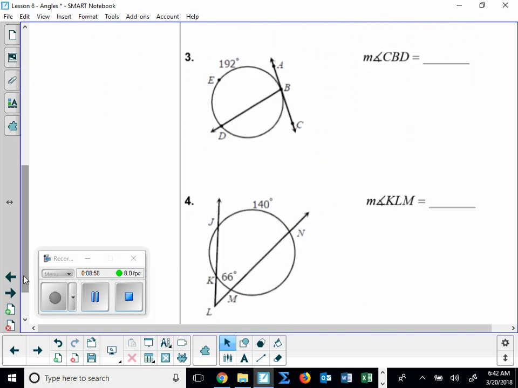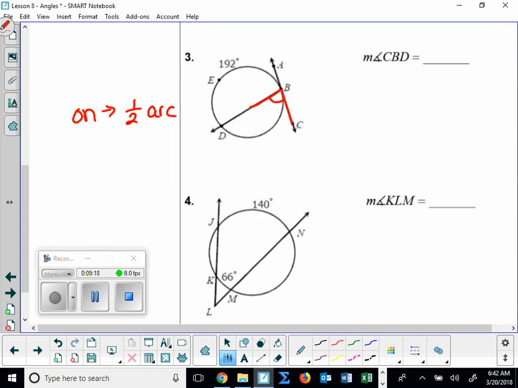Let's see here. We've got a tangent and a secant, and this angle is on. When it's on, I know it equals half the intercepted arc. So CBD, we're talking this angle here. So I'm going to need to do half of this arc, but I don't have that arc. How can I find the arc measure for arc BD?